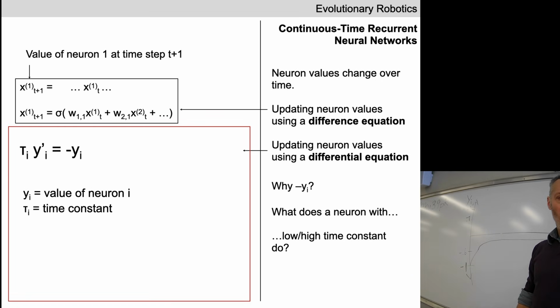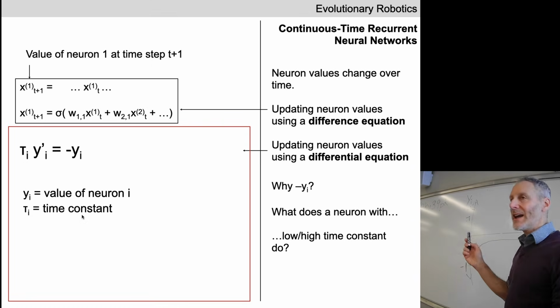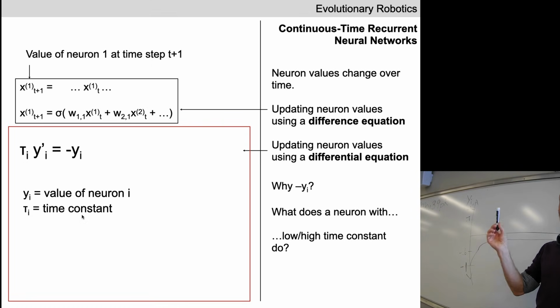Okay, so what does this time constant do? This is not a variable, this is a constant, time constant. So when we design a CTRNN, or when an evolutionary algorithm evolves a CTRNN, the optimizer, either the human or the evolutionary algorithm, is going to set tau sub I for a given neuron.